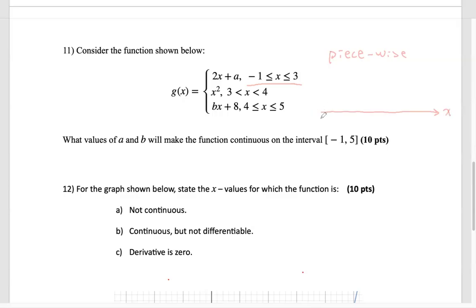The value goes from, let's see, this is negative 1. This may be 0. This is 1, 2, 3, 4, 5. So from negative 1 up to positive 3, the function acts as 2x plus a.